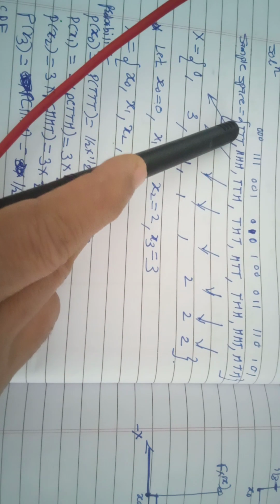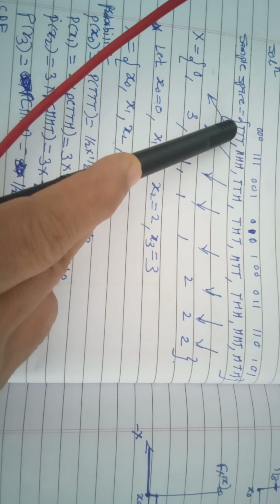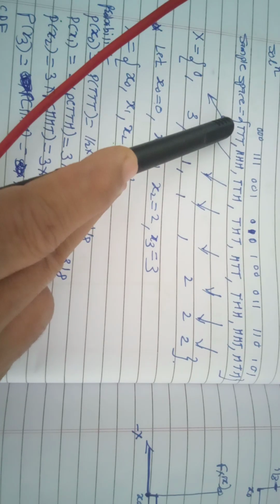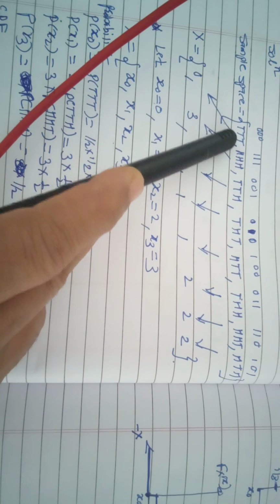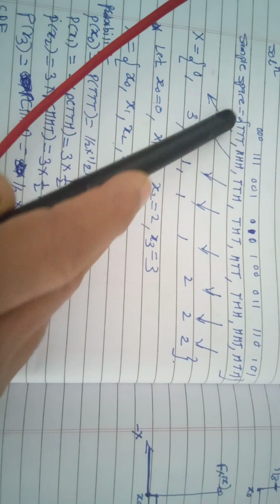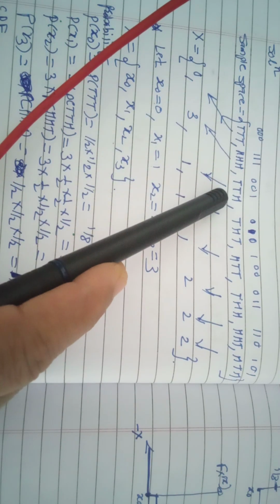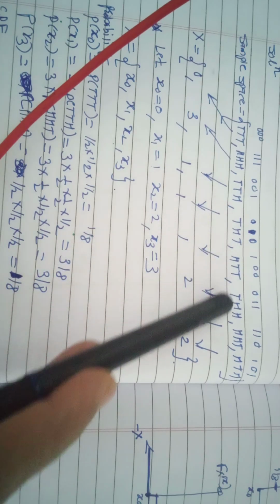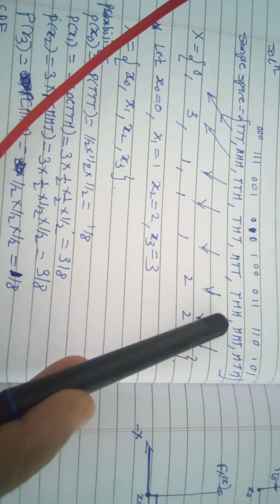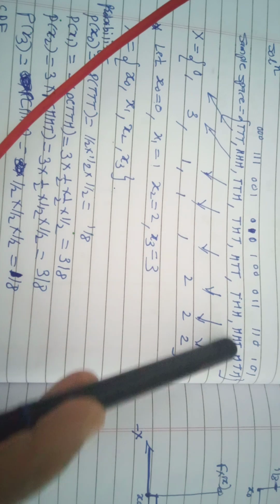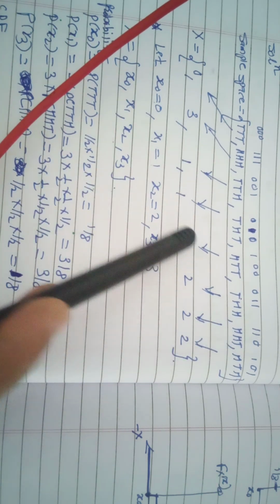The probability of getting tail in a coin toss is 1 by 2, and getting head is 1 by 2. So this has 1 by 2 into 1 by 2 into 1 by 2, so the probability is 1 by 8. Every sample outcome has the probability 1 by 8, because there are 8 outcomes, so obviously it is 1 by 8.